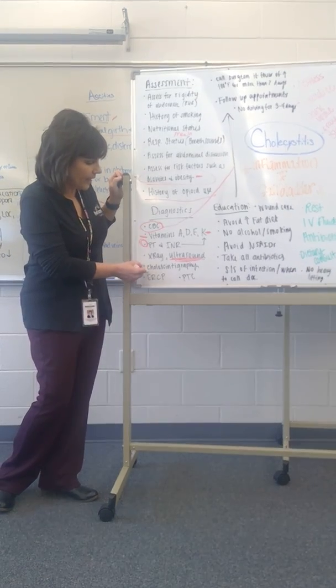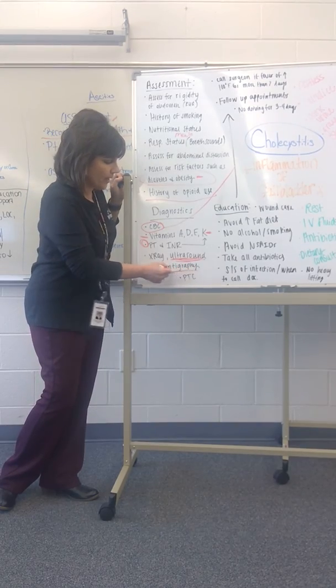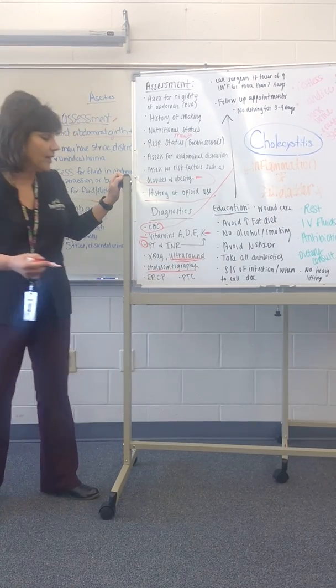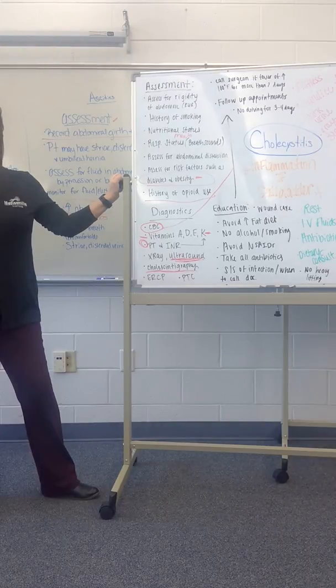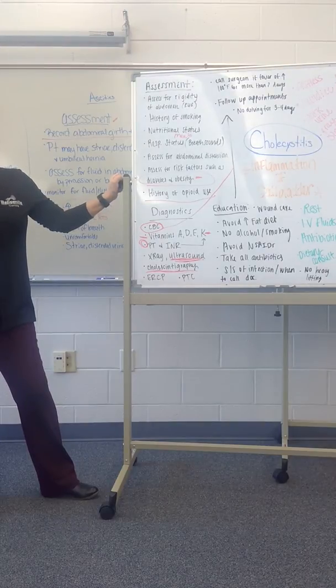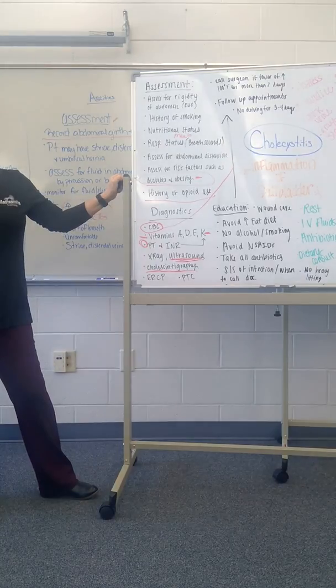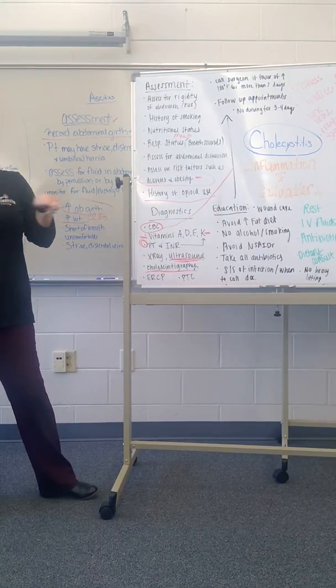If there is a stone in there, they can go in and do a cholecystectomy to see if there's a stone in there. And they can get the stone out by ERCP. And there's a video on Blackboard for an ERCP, and that's basically a side port scope.